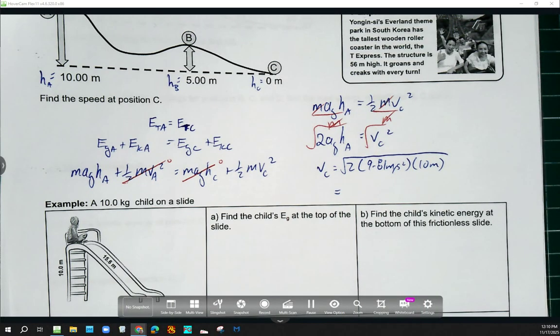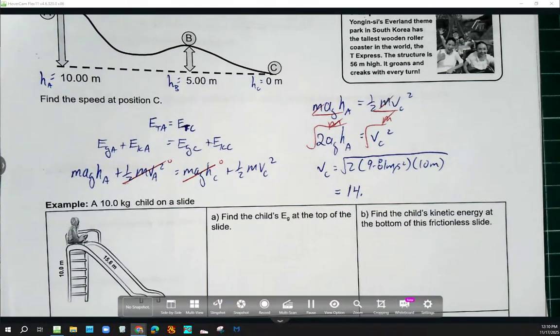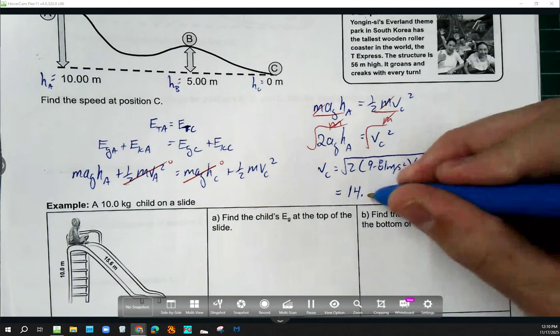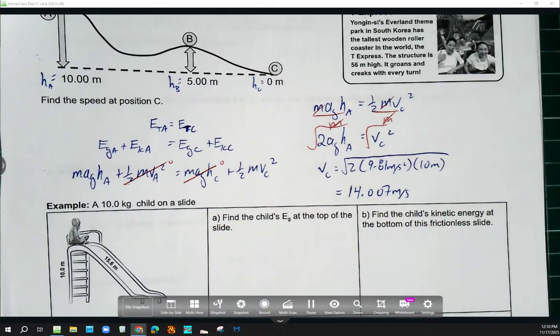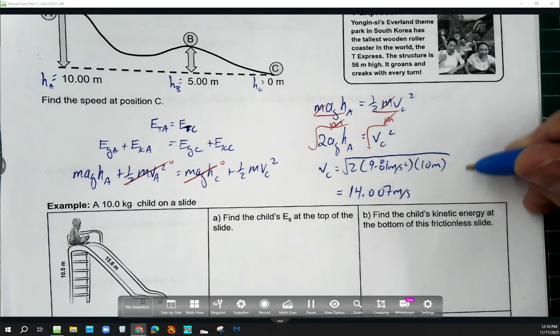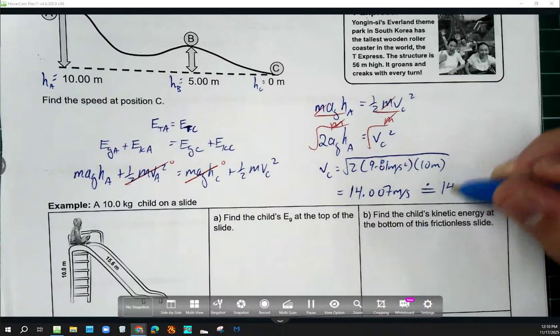What is it? 14. You're right. 14 point what? Reminds me of a famous spy. What's that? 0.007. Yeah, 007. That's right. Meters per second. And if we're going to round it off, how many sig figs does it look like? 3? 14.0 meters per second.